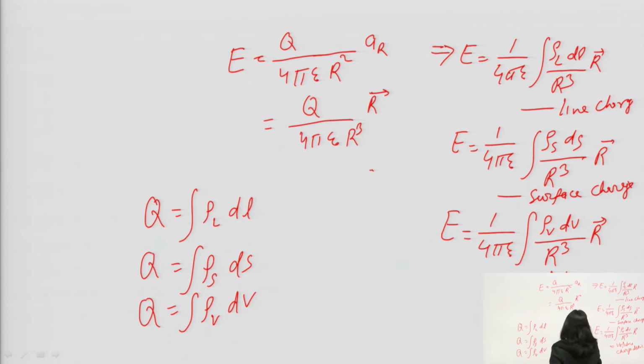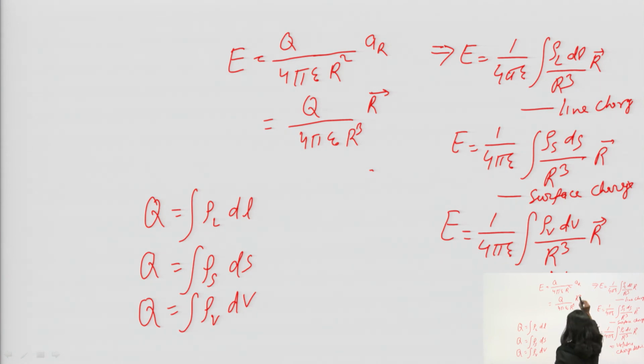Now in all these problems you have to find dl, ds and dv, and you know that we have three kinds of coordinate system, so you should be able to find dl, ds and dv in all the three coordinates. Next step is to find the r value. R is the distance vector between the point of interest and the line charge, surface charge or volume charge.